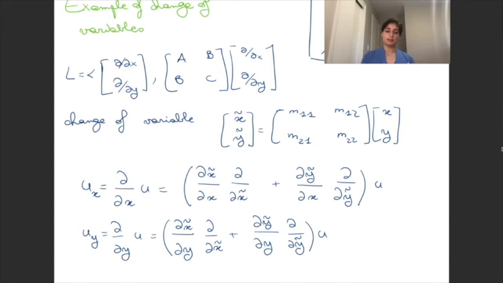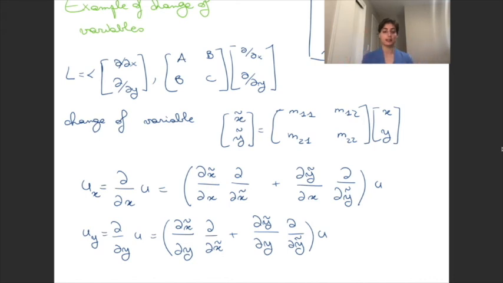Then we can represent the different partial derivatives of u as partial derivatives with respect to the new variables that we have just introduced. So ∂/∂x u is equal to a differential operator applied to u, where the differential operator is in two blocks: ∂x̃/∂x times ∂/∂x̃, and ∂ỹ/∂x times ∂/∂ỹ.